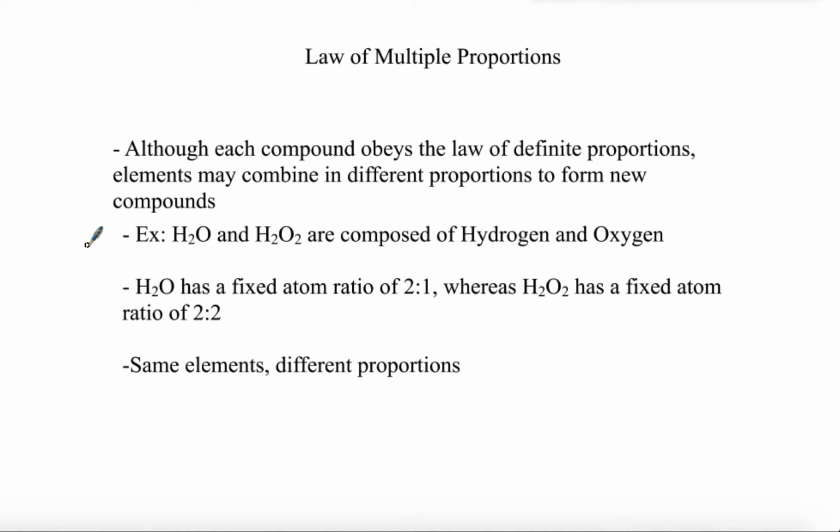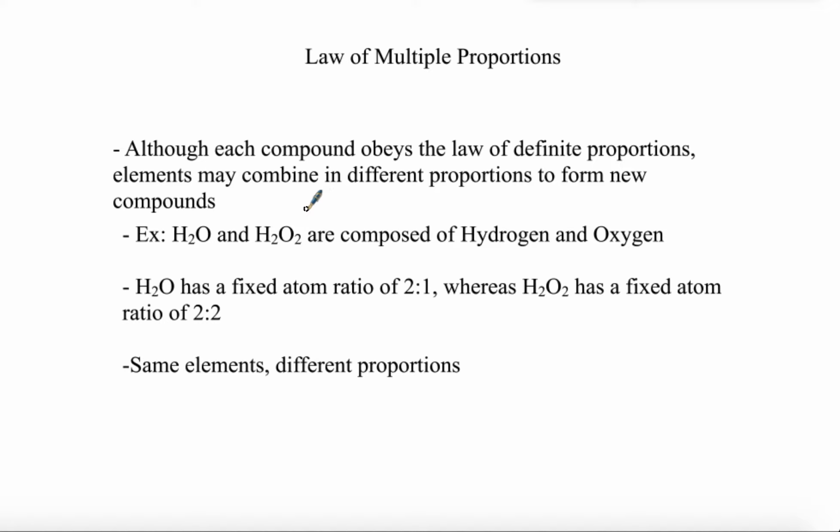For example, water, H2O, and peroxide, H2O2. These are both composed of hydrogen and oxygen. But water has a 2 to 1 ratio of hydrogen to oxygen, whereas peroxide has a 2 to 2 ratio. So this law says that elements are able to combine in different proportions, that they don't always have to be in the same exact ratio.